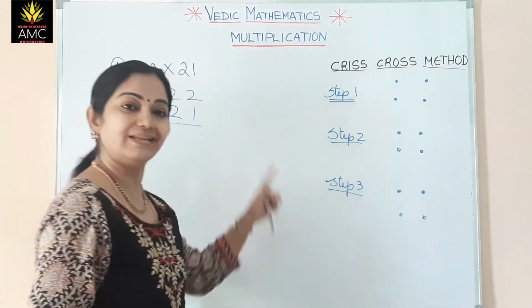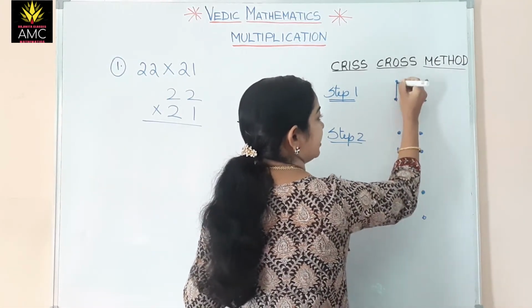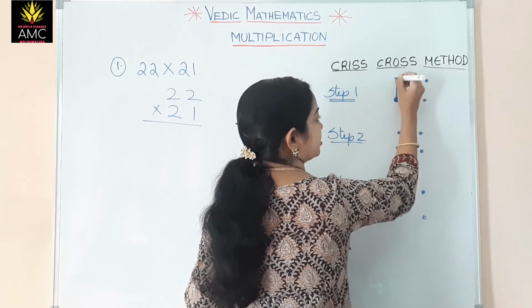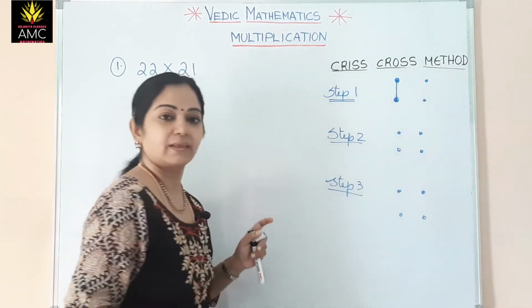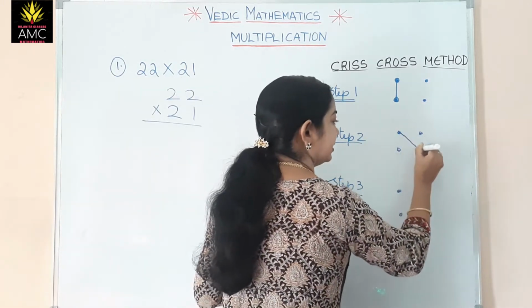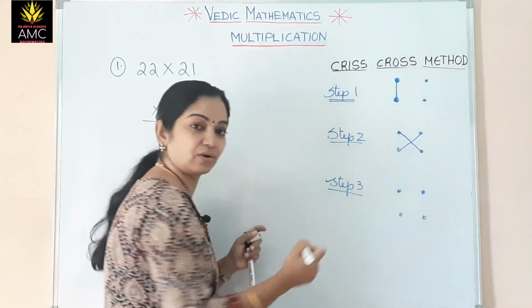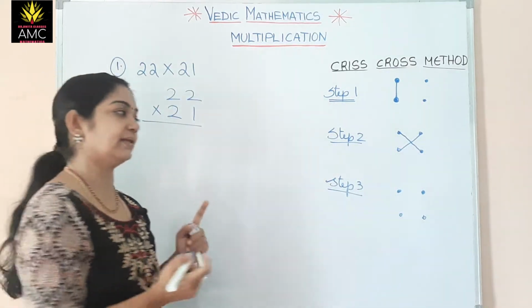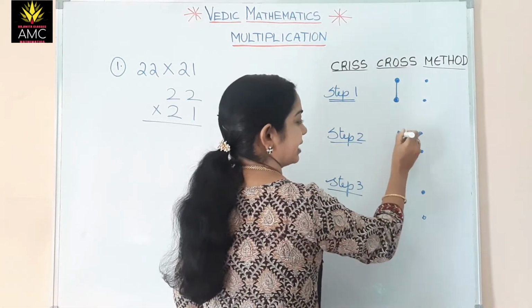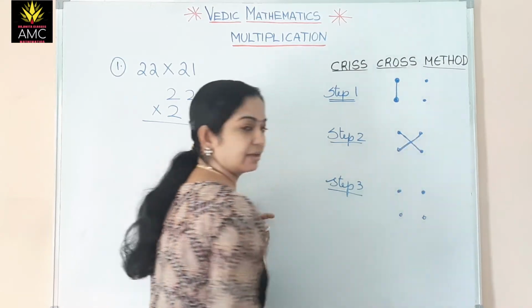Right. Now, in step 1, we will be multiplying the extreme left. In step 2, we will be multiplying crosswise. This is crisscross. We will multiply cross and we will be adding. First you multiply this side plus multiplying this side, this is crisscross.